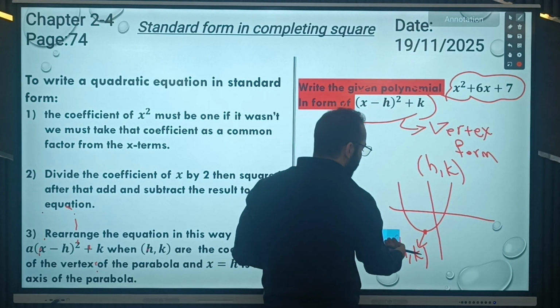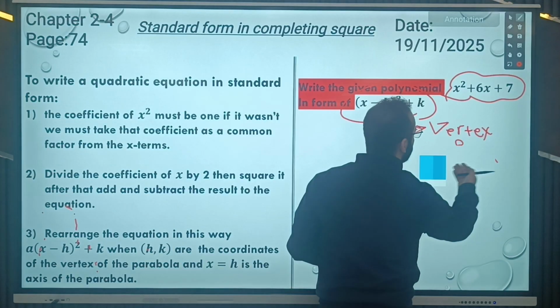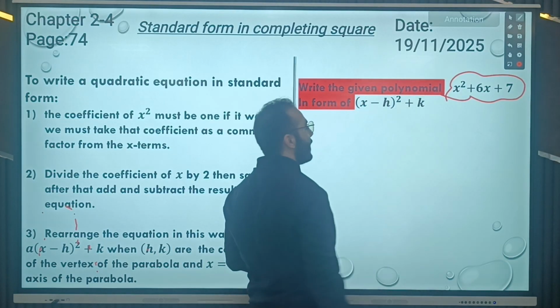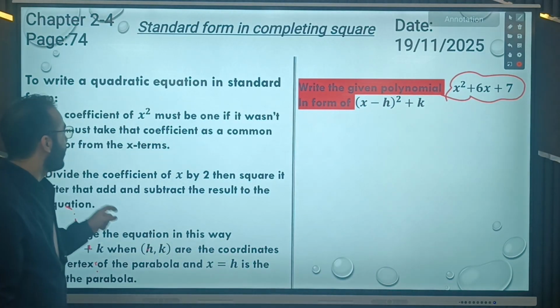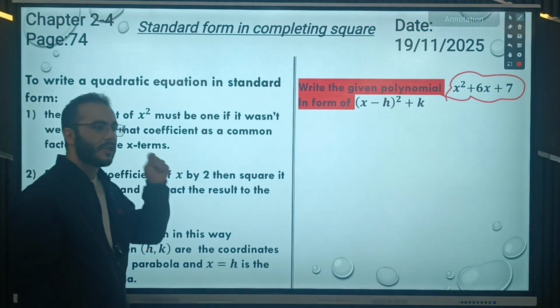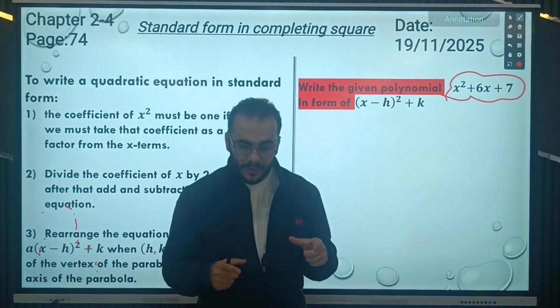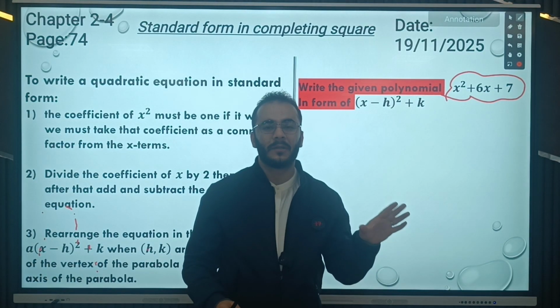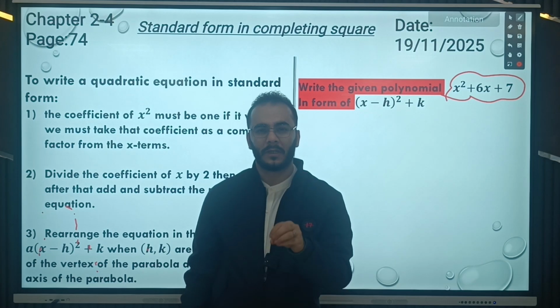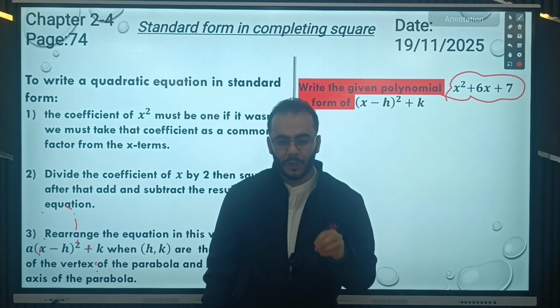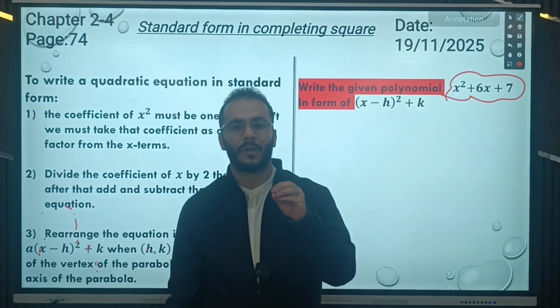All right. So let's go back to the left side and follow the steps. The first step says that, always before diving deeply into completing the square, we need to make sure that the coefficient of x squared is 1.